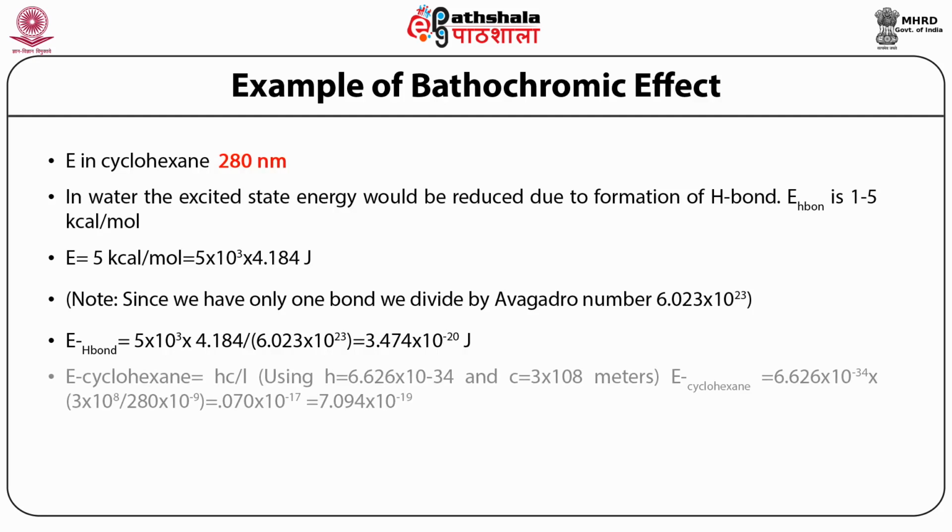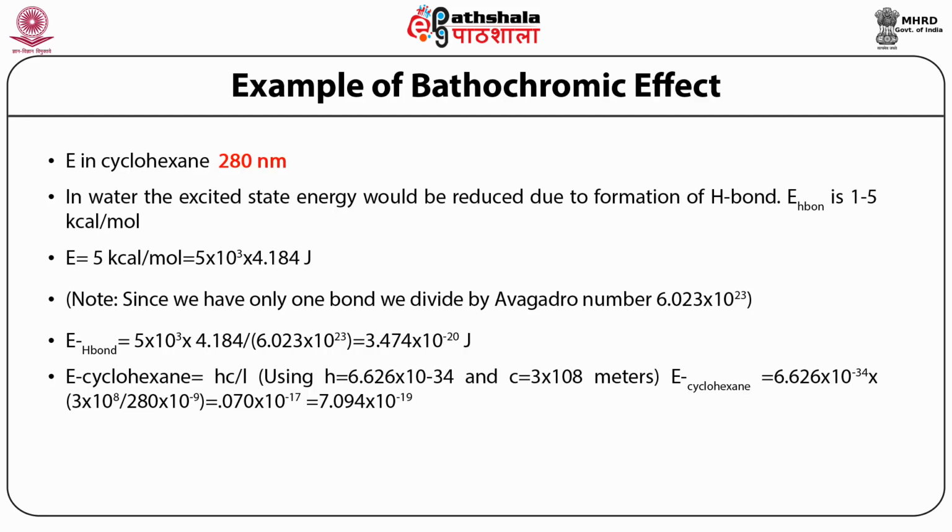Now, E in cyclohexane is 280 nanometers, or hc upon lambda can be calculated. After using h equal to 6.62 times 10 to the power of minus 34, c equal to 3 times 10 to the power of 8 meters per second, E in the cyclohexane comes out to be 7.09 times 10 to the power of minus 19.